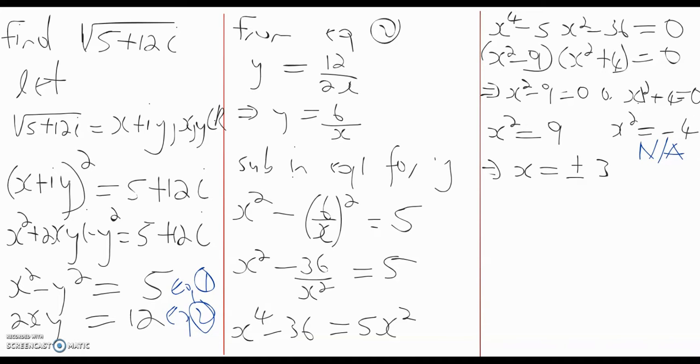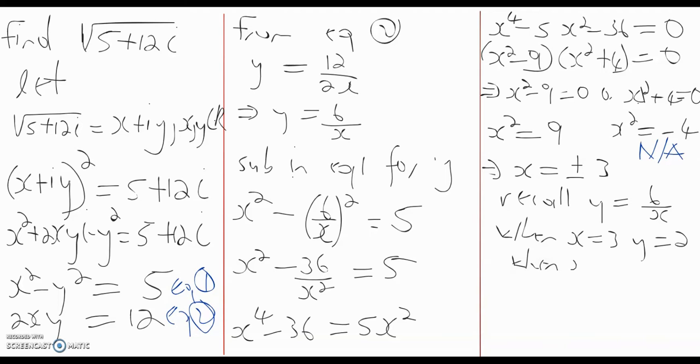Bear in mind that initially we had, so we can recall, y equals 6 over x. So we can say when x equal 3, y equal 2. And when x equal negative 3, y equal minus 2.